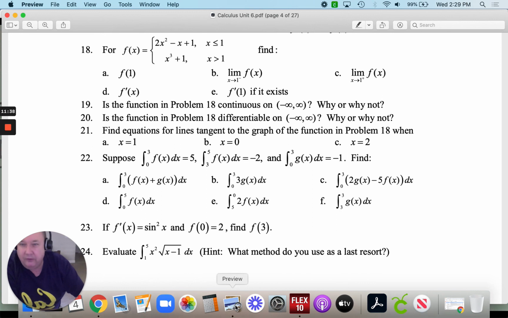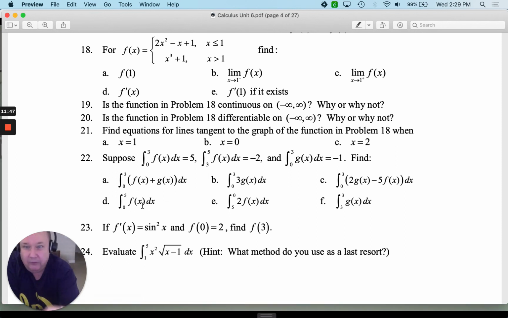So from 0 to 3, if you add f of x plus g of x dx, what is the answer going to be? For the first one, from 0 to 3 for f of x, it's 5. From 0 to 3 for g of x, it's negative 1. So it's just 5 and negative 1. Well, that's 4. So that's pretty simple.